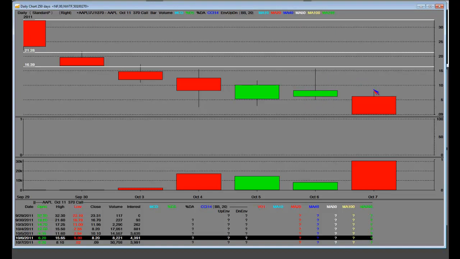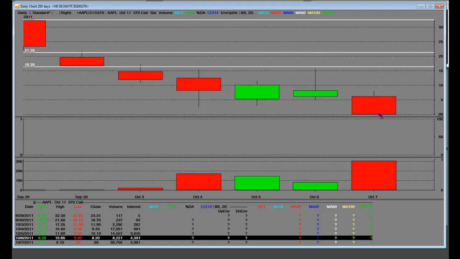The calendar weekly expiration 10/7 370 call goes from a high of 8.10 down here. What happens is that they were inflated value, and they had to come down to 2 cents to the very end of the Friday expiration, hitting 2 cents on the low.